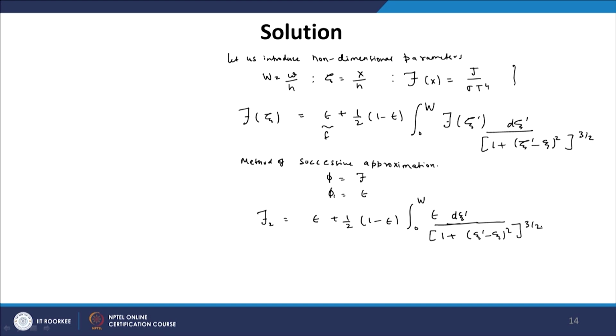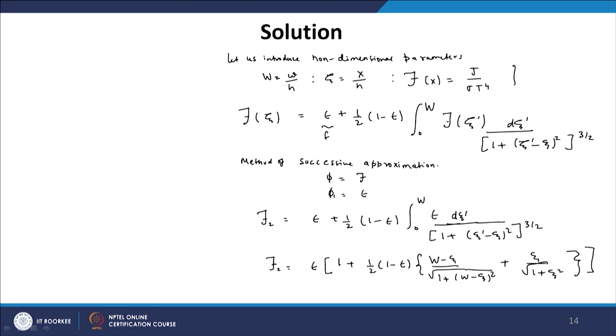Okay. So, this is a simple integral, we can solve it, and this gives you the value as W minus zeta under root 1 plus W minus zeta square plus zeta root 1 plus zeta square.